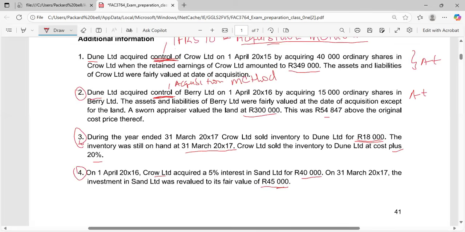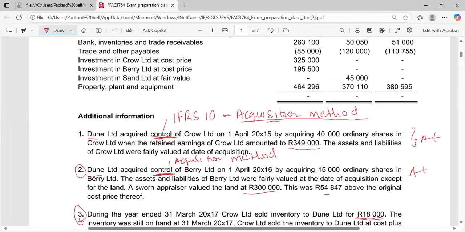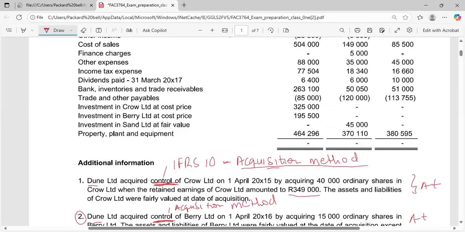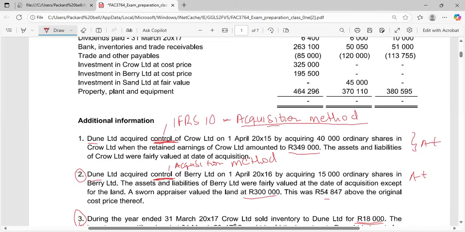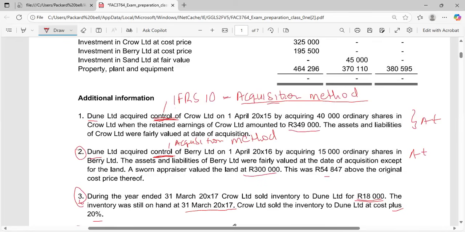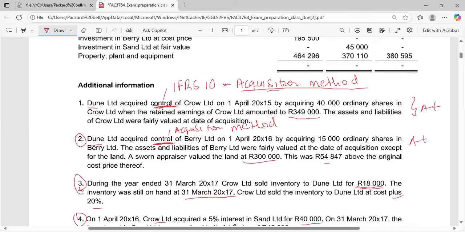When you are doing the consolidated statement of profit and loss, what you should focus on is the additional information: intra-group transactions that affect the profit and loss. Which are those intra-group transactions?